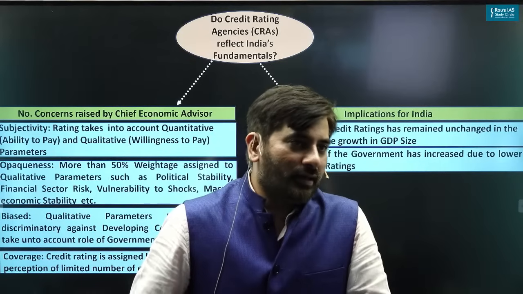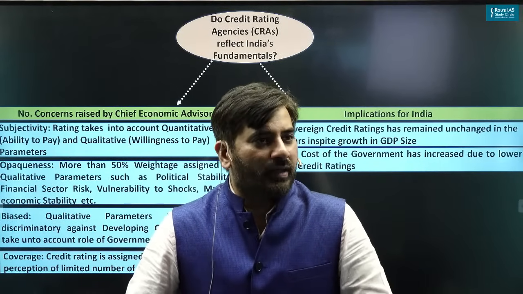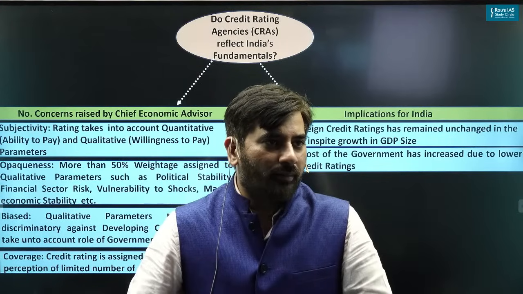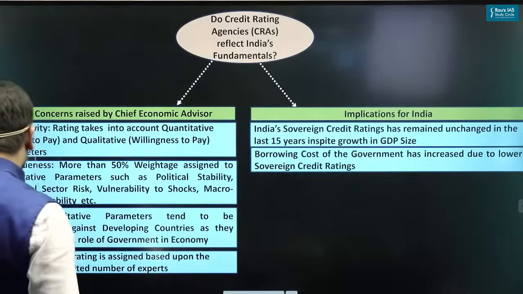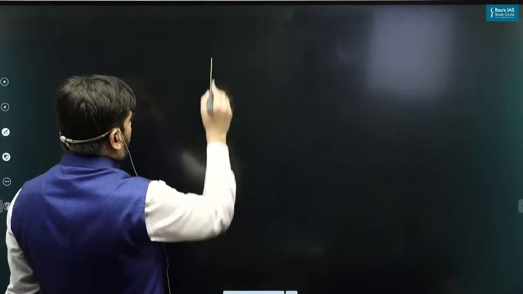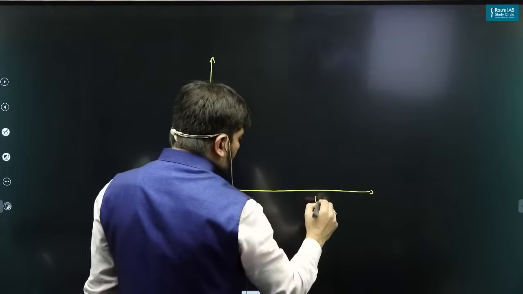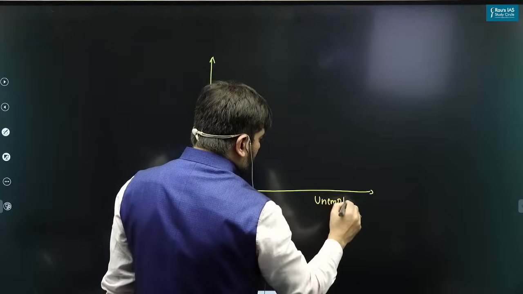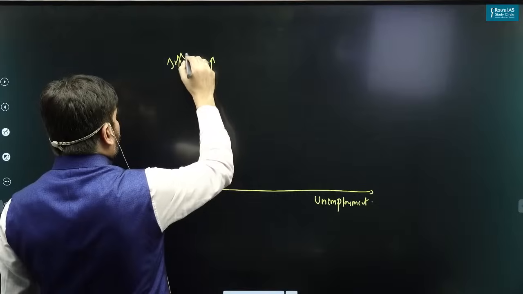The Phillips curve basically shows the nature of relationship between inflation and unemployment. So basically, if you see the Phillips curve, here along the x-axis you'll have unemployment, and then there is inflation.